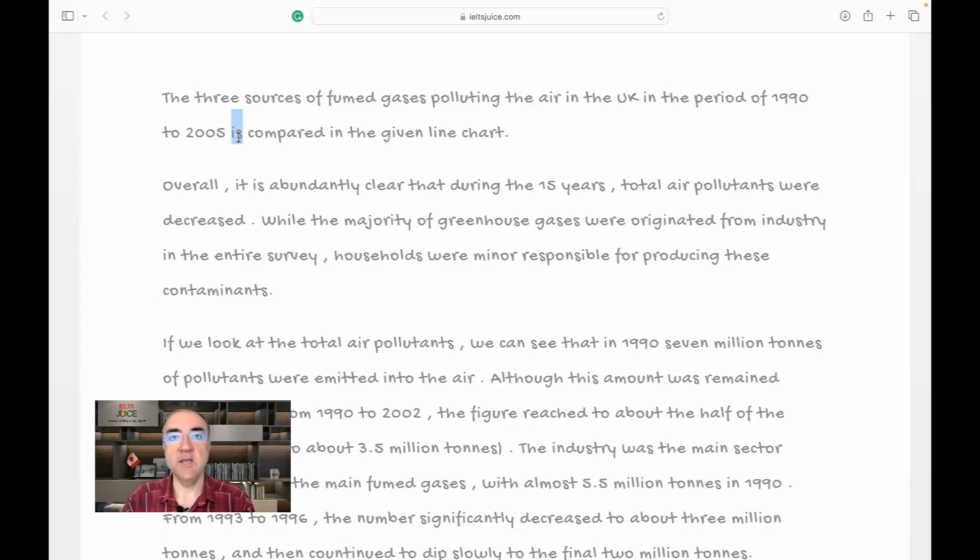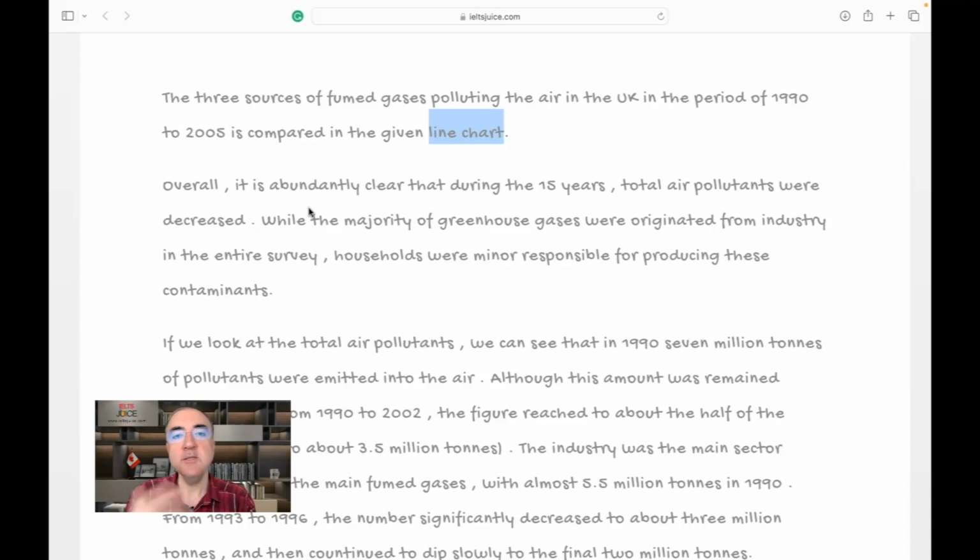So it's not like they were compared in the past. No, we have gathered all the data, and now we're here and we are comparing them, but the events are all in the past simple tense. In the given line chart, that's very good. We always acknowledge what type of visual is given to us.